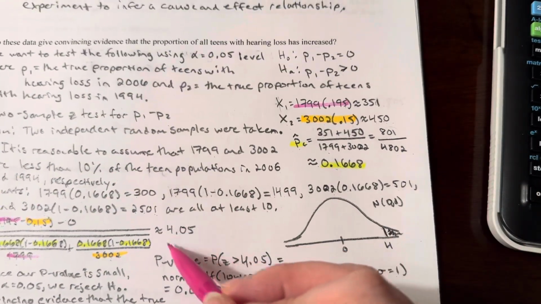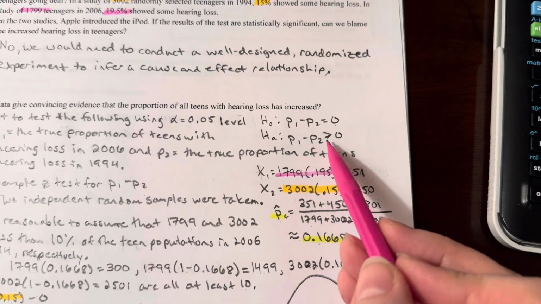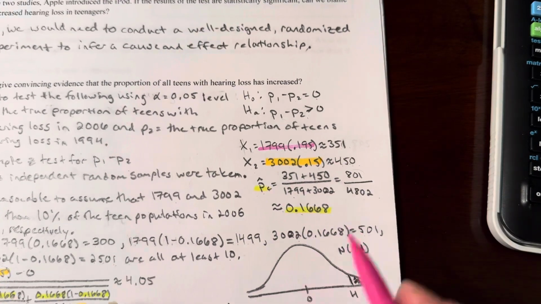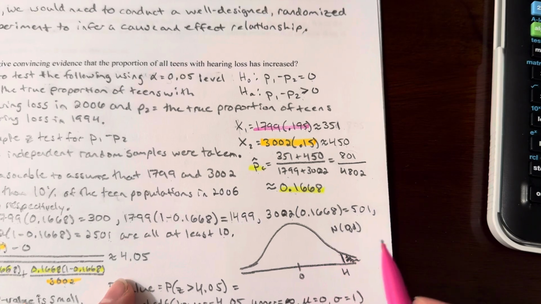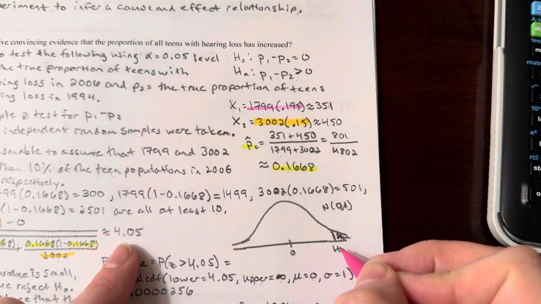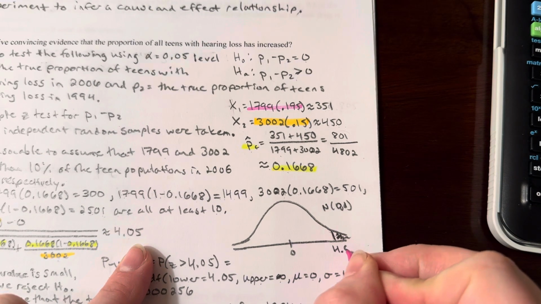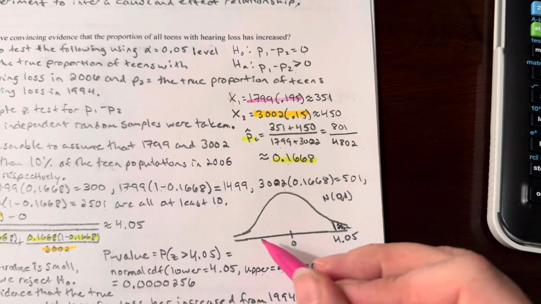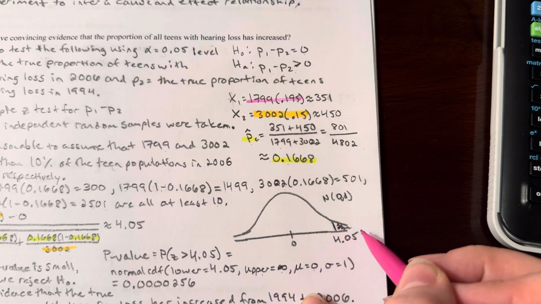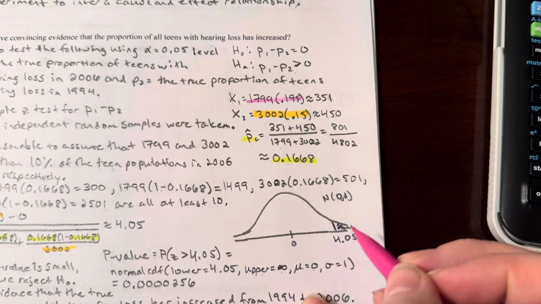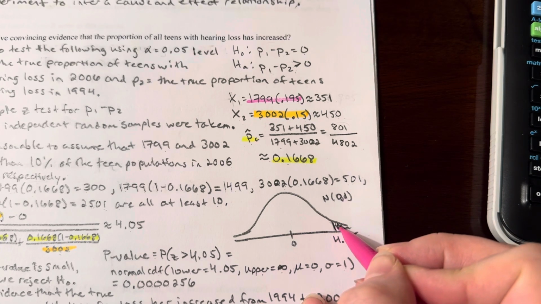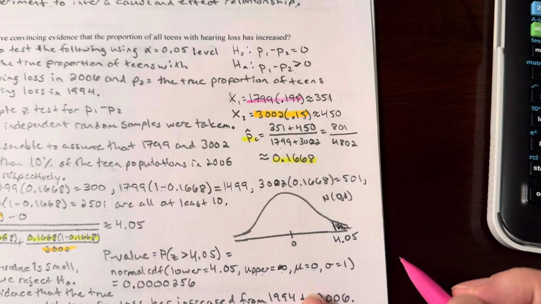Now this is a very large z-score, and we were looking in the greater than direction. So if I were to sketch my normal curve, just a standard normal curve, 4.05 would be very far on the right-hand side of this curve. And going greater than that would be shading off to the right, going off towards positive infinity.